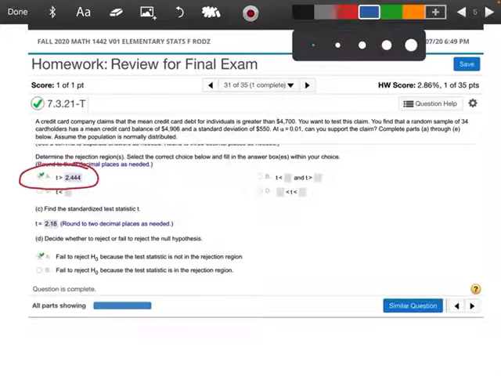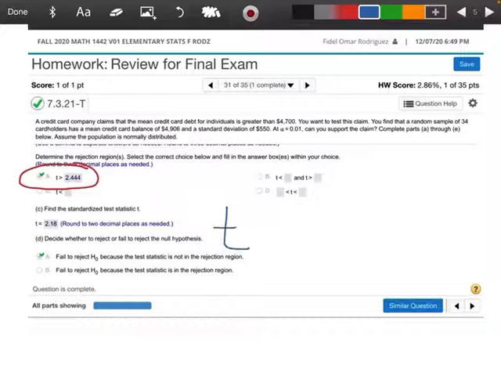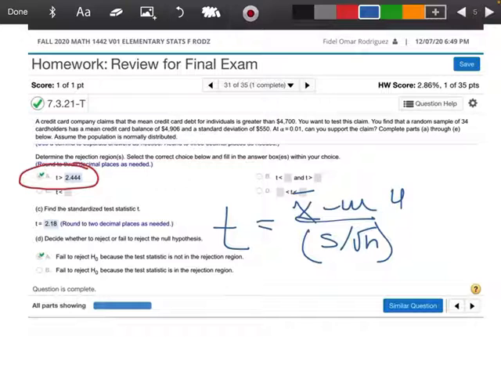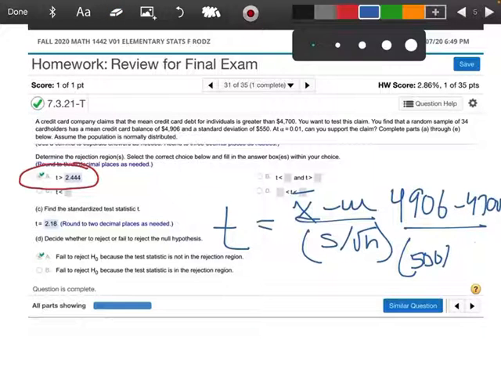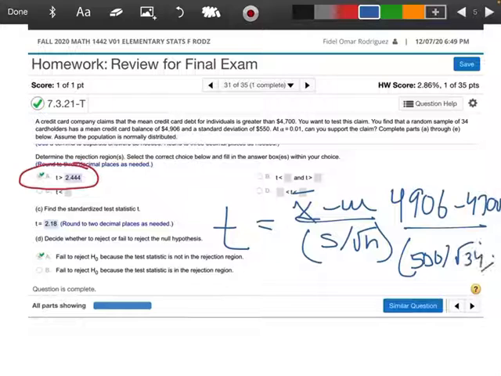We're going to find our test statistic T. The way I'm going to do this is X bar minus mu over S over the square root of N. So my X bar was 4906 minus 4700 all over 550 and the square root of, not N, but 34. Let me do this part on my calculator again.